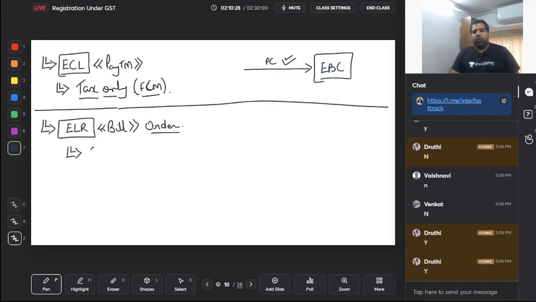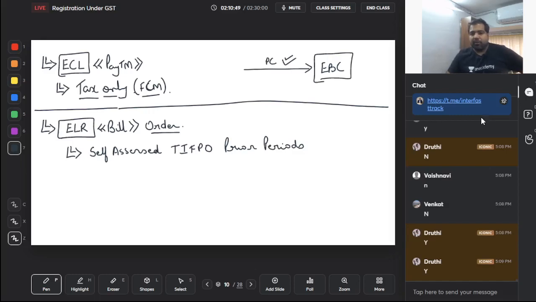First, whatever you have self-assessed in GST, you know, you self-assess. Whatever you have self-assessed TIFPO of prior periods, that you will pay first. That means right now it's the month of July, but if you have to pay some bills of June, May, will you have to pay them first? Yes, first you have to pay prior periods.